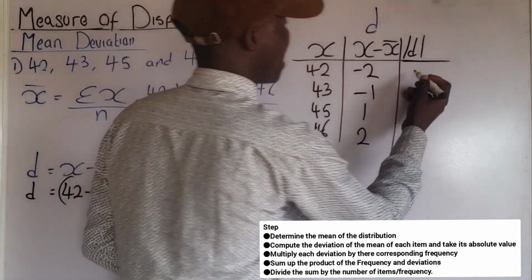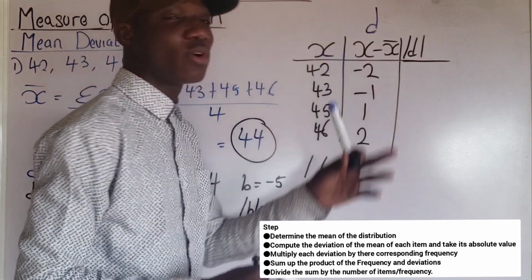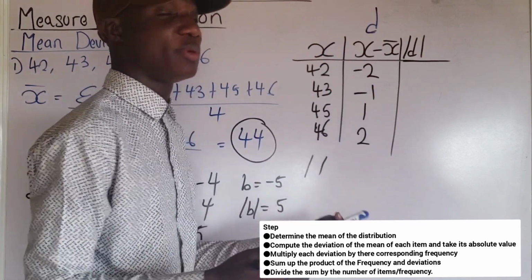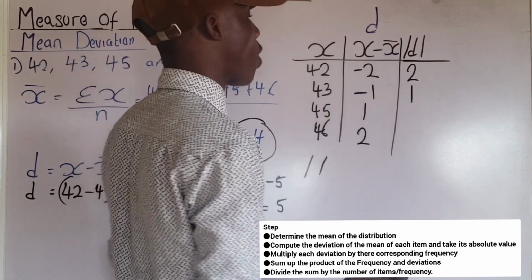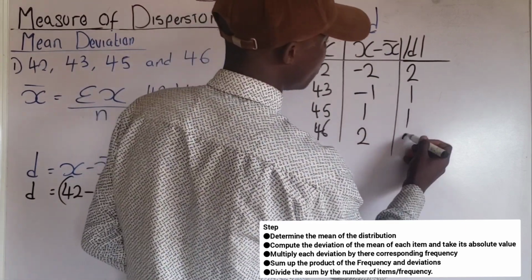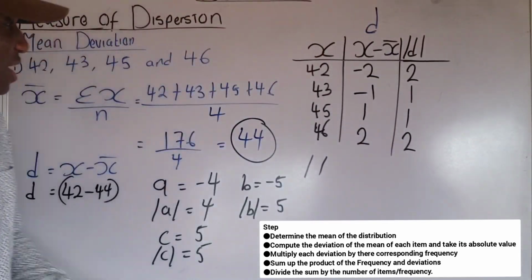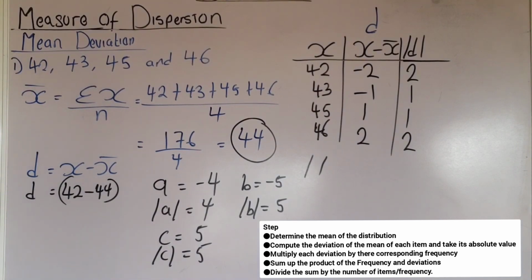So the absolute value of -1 will be 1. The absolute value of 1 is 1. The absolute value of 2 is 2.